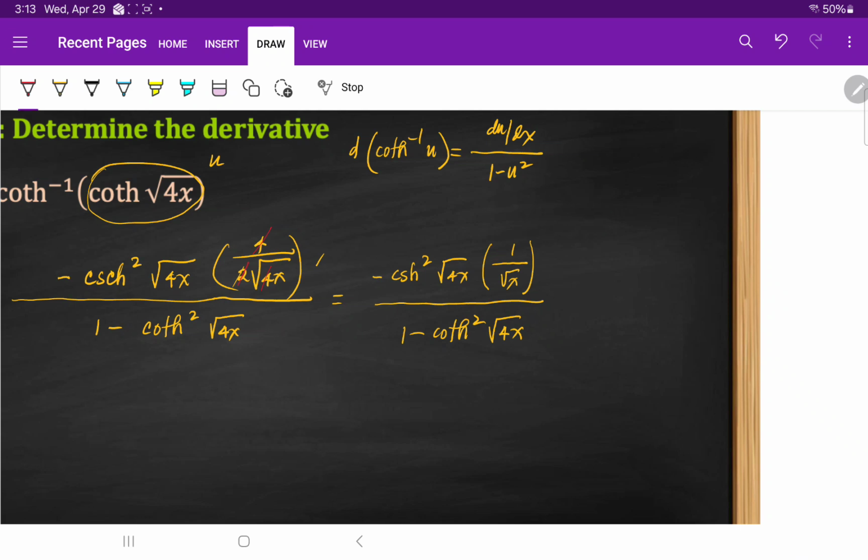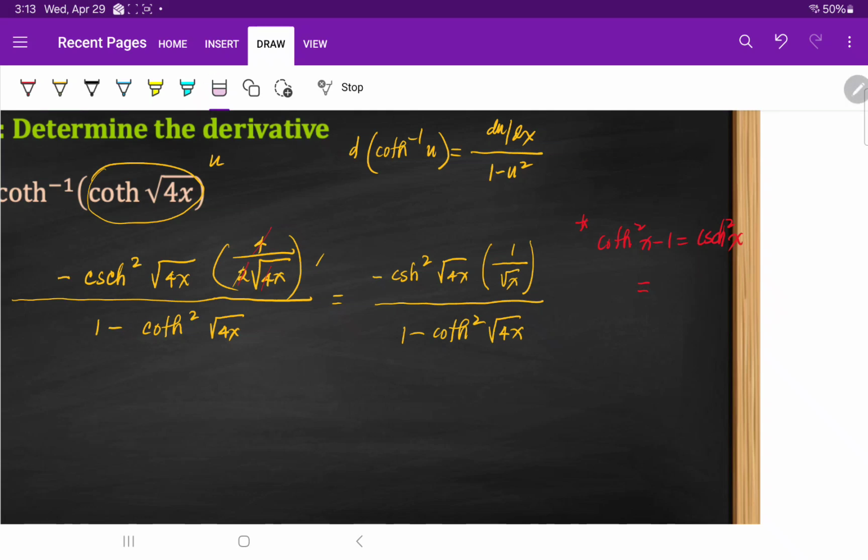We use here the identity that hyperbolic cotangent square x minus 1 is hyperbolic cosecant square x. So if we solve for, if we transpose cosecant on the left side, we want 1 minus cotangent. So we can multiply both sides by negative 1.